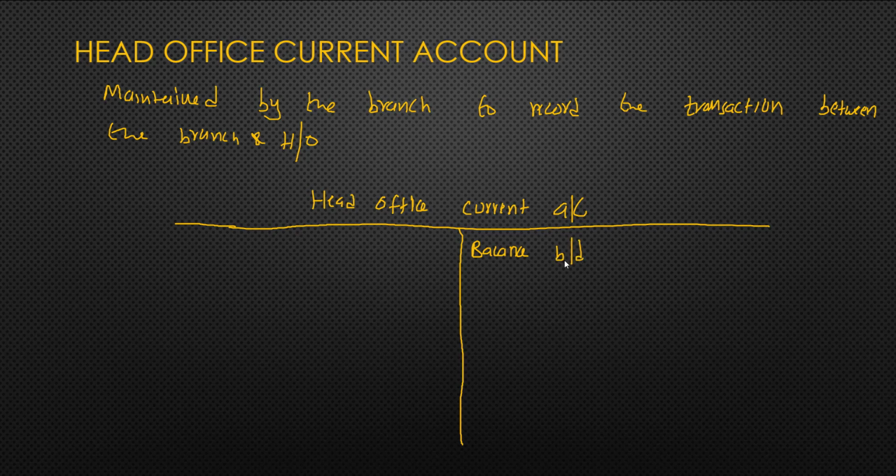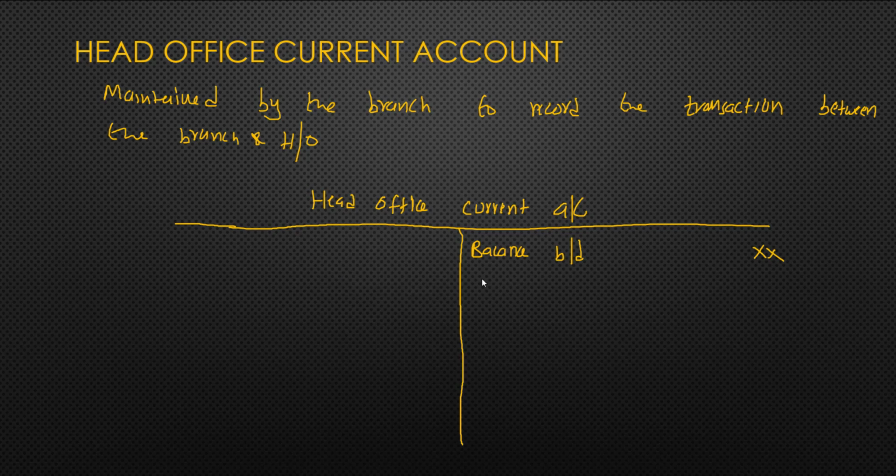Now this balance brought down is the balance that will represent the operating capital of the branch, and therefore we will show it later on as an equity component in the books of the branch. So we record it there.